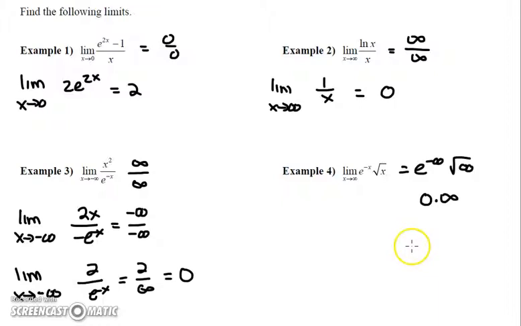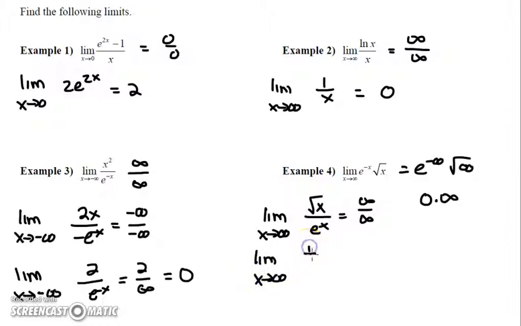So that note on our indeterminate form said, if you have 0 times infinity, we need to rewrite the problem before we take our derivative to make it 0 over 0 or infinity over infinity. So instead of having e to the negative x, let's move that down to our denominator. And we can rewrite this as square root of x over e to the x. And if we plug in infinity, we're going to get, in this case, infinity over infinity. So now we can use our L'Hopital's rule.